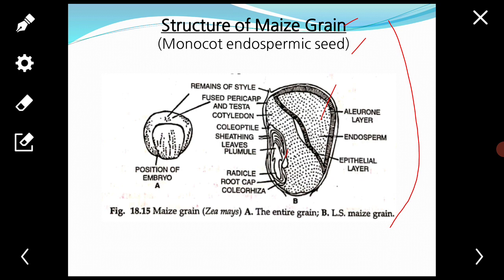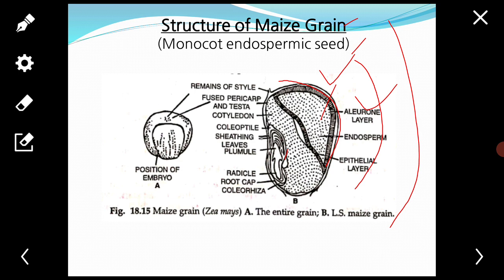As you see in the longitudinal section, the major portion of the grain is occupied by a large starchy endosperm. It is surrounded by a special one cell thick layer called the aleurone layer.